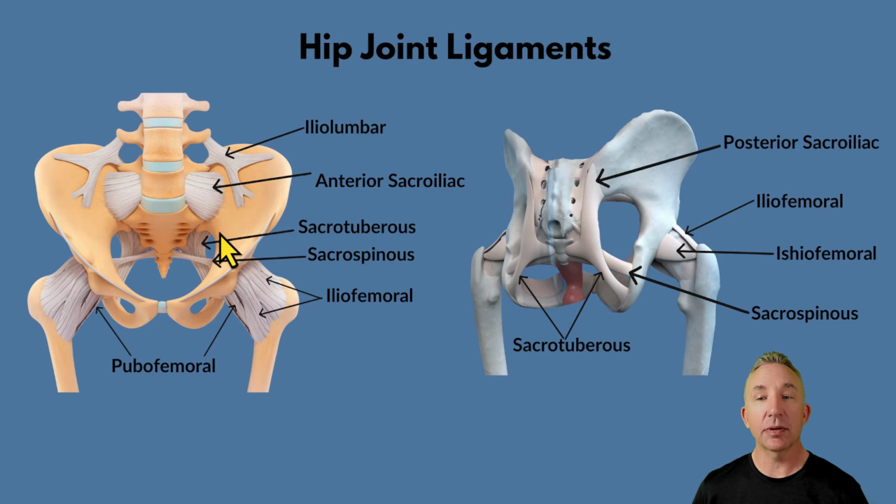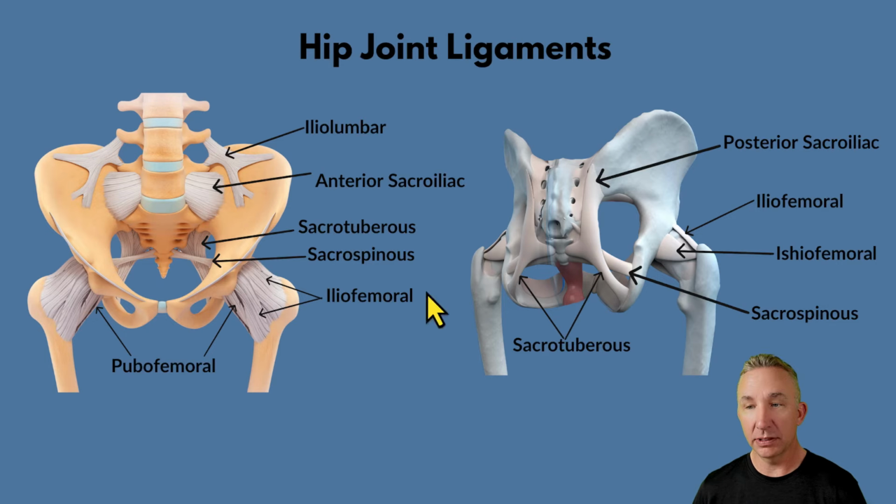As I get down to where we connect the sacrum to the ischial tuberosity, and then the sacrum to the ischial spine, we use those connections here. These ligaments cross each other. The one that's anterior and smaller is sacrospinous, again from the sacrum.